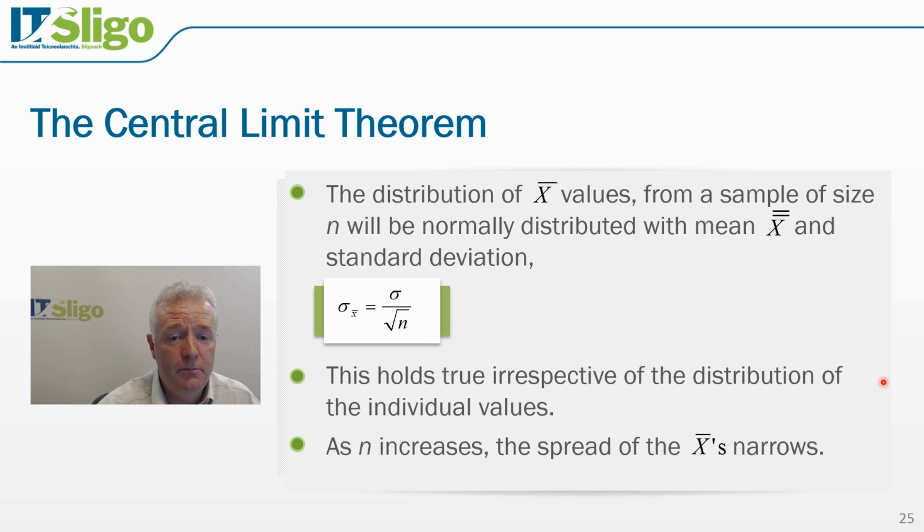The individual values may form a uniform distribution, but if we start plotting averages, those averages will form a normal distribution. Now, if we look more closely at this equation for standard deviation, we see that n is below the line. As n increases, the number below the line will increase, causing sigma x bar to decrease.